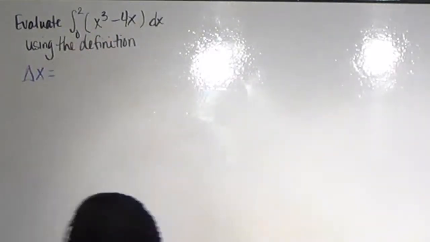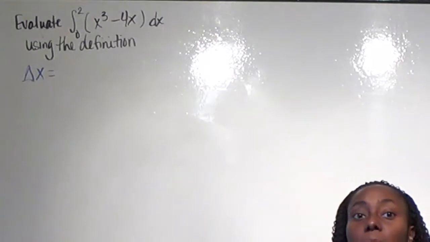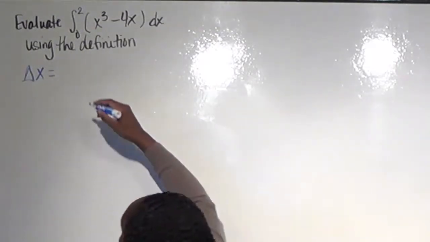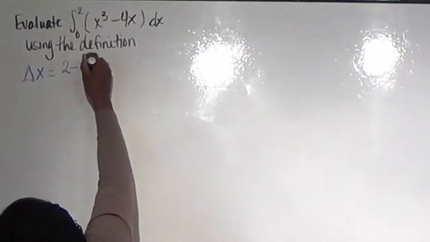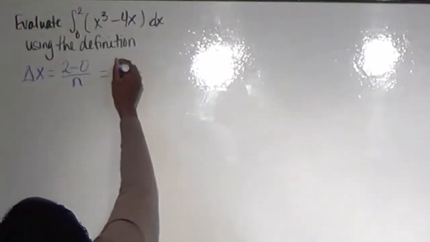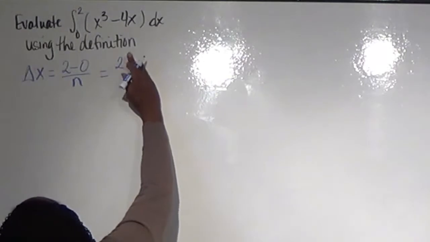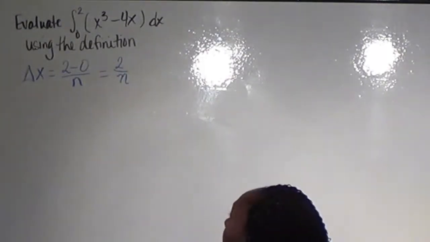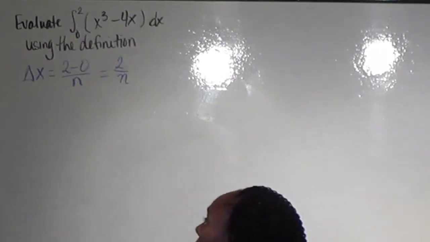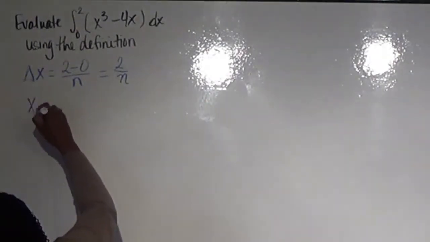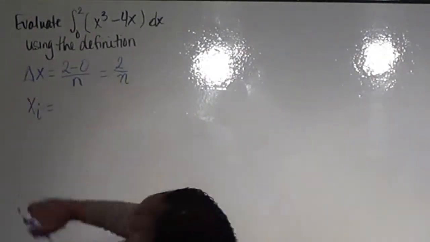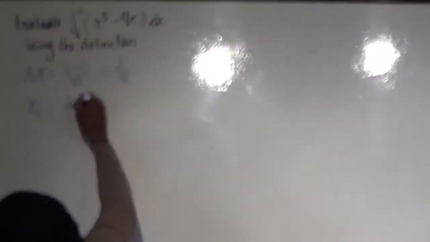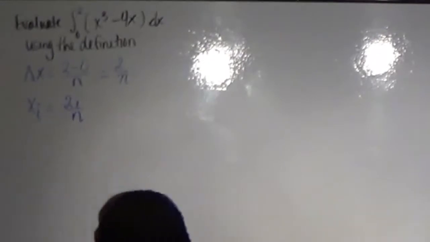So this one again, if I look at my interval, it is from 0 to 2, which means that my delta x is going to be 2 minus 0 all over n, or 2 over n. My x sub i, again, because my interval is starting at 0, I know this is going to be 2i over n.